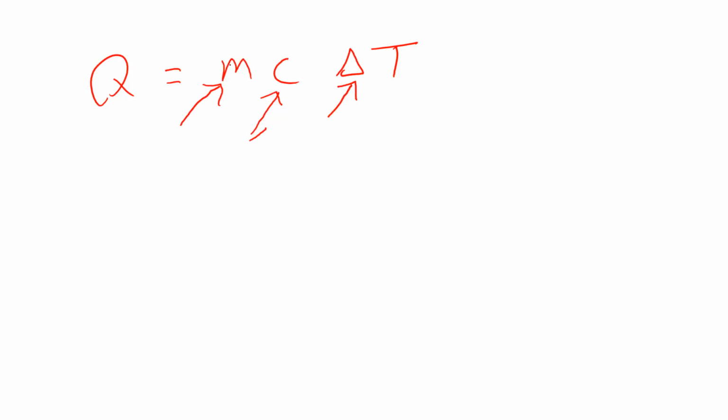So we're going to focus on the Q, and we've got this equation here: Q is equal to MC delta T. This is where we've got some important concepts. First of all, we've got our M, our C, and our delta T. Delta T is probably the most straightforward. This is change in temperature. The M is fairly straightforward as well.